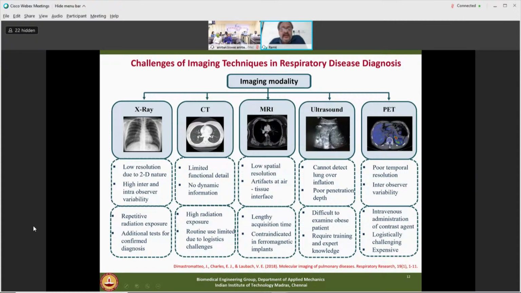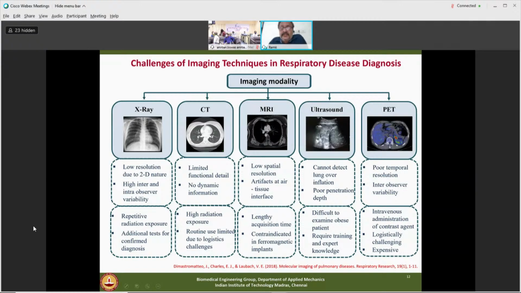Look, with MR we can image soft organs. It has low spectral resolution, generates a lot of artifacts at tissue interfaces, and has lengthy acquisition time. And ultrasound, as I said, is only next to X-rays. It is most commonly available, affordable, portable, and cannot be built over inflation.